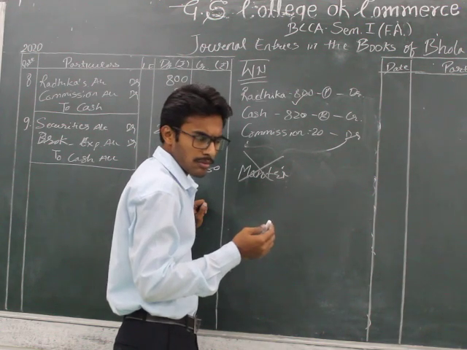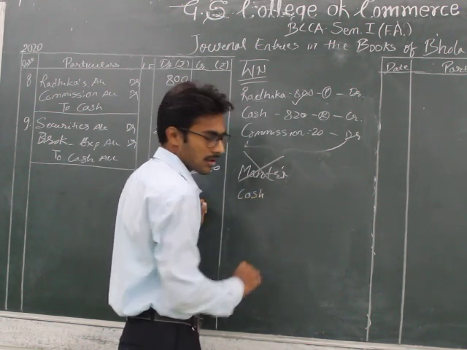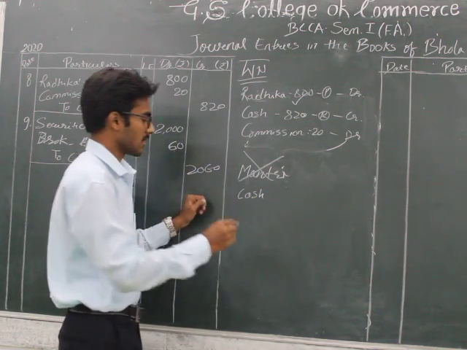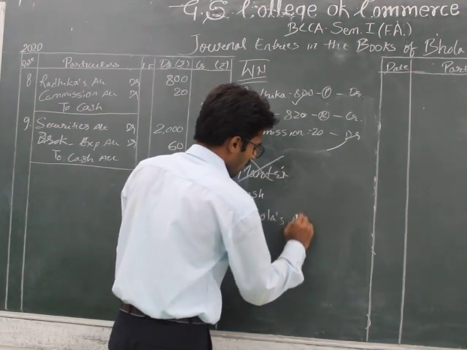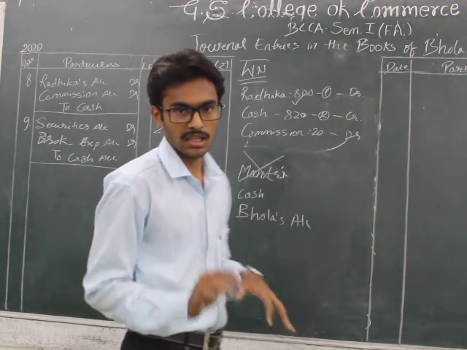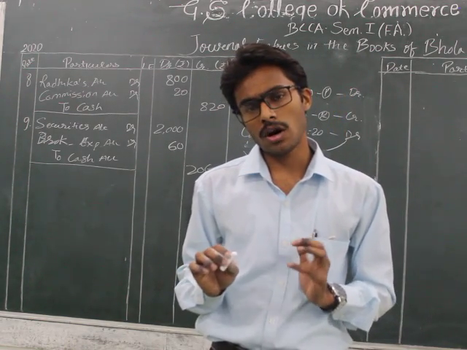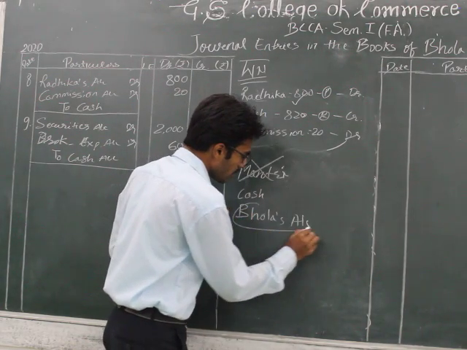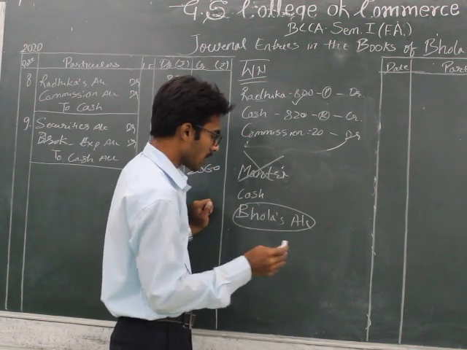So what can be done then? We have cash, and Bhola is receiving. So Bhola's account. But as we have seen, we cannot record our transaction in the name of the business owner. So we don't use this name because of accounting guidelines.